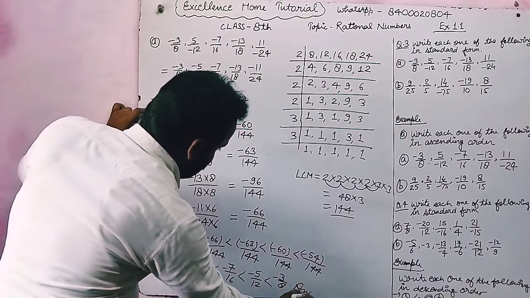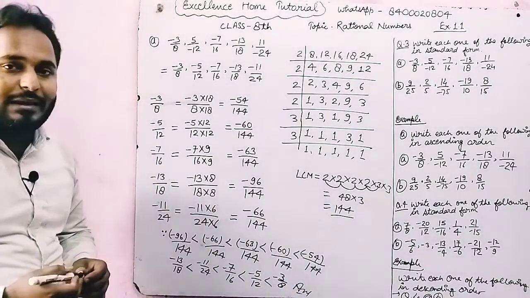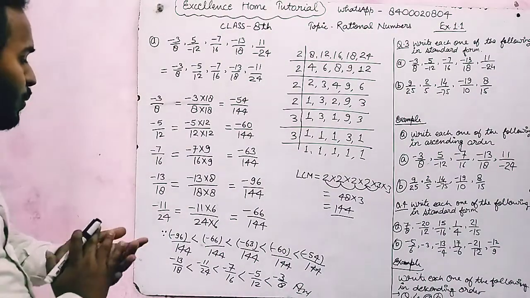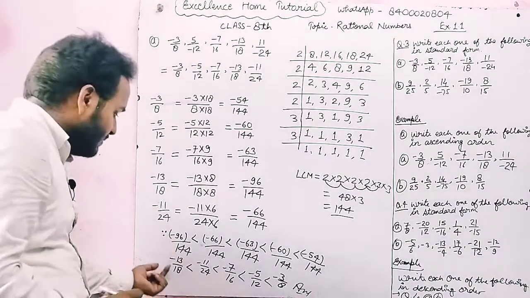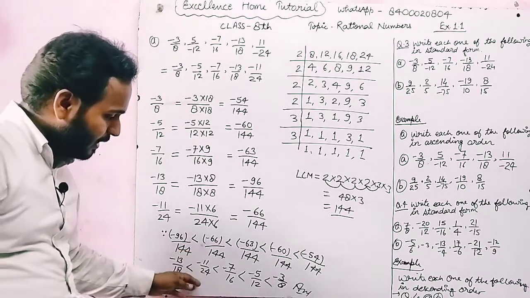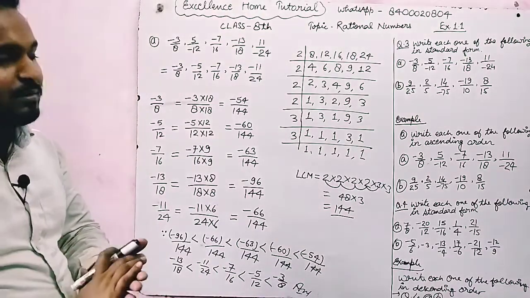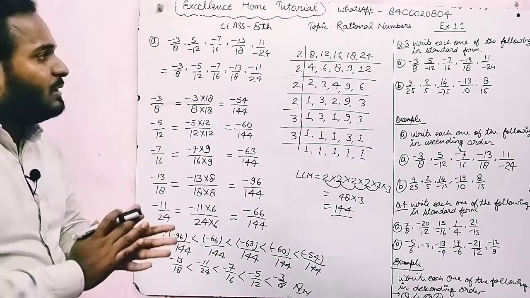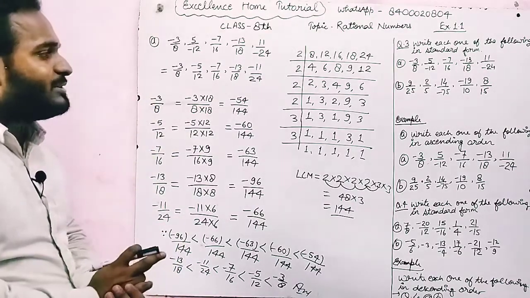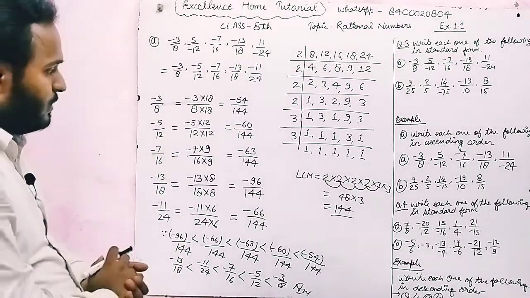This is the answer in ascending order, in which we write the smallest number first, then the greater number, then greater, then greater, comparing with the left side of the number. This is the solution of these rational numbers arranged in ascending order.